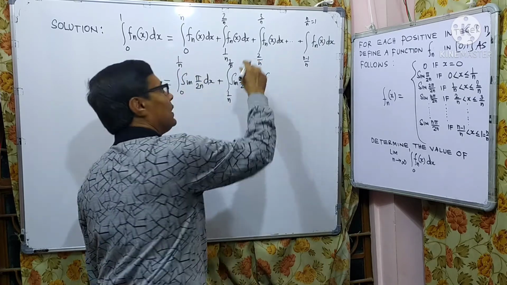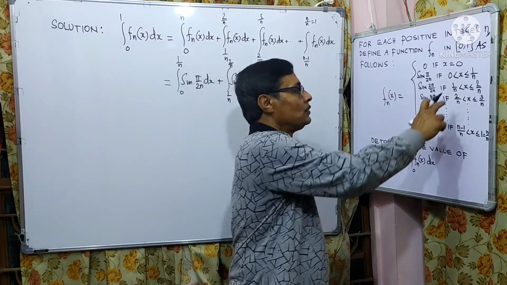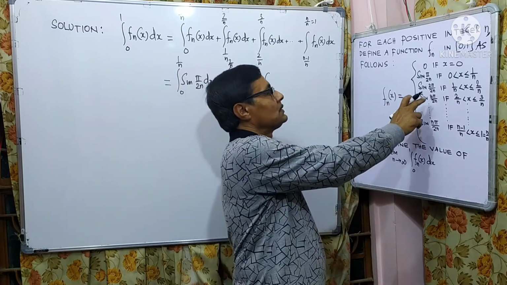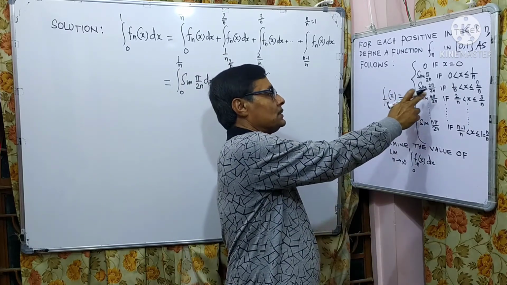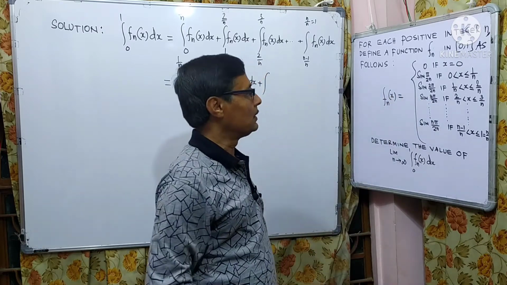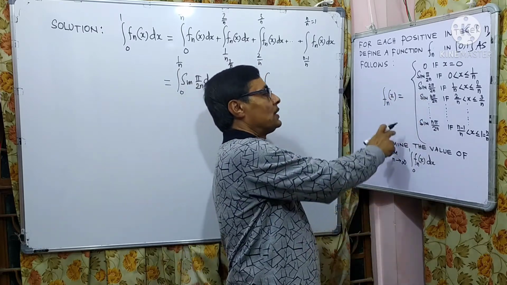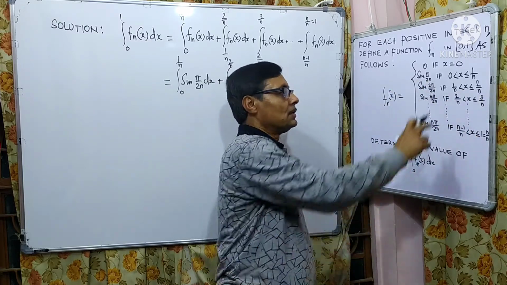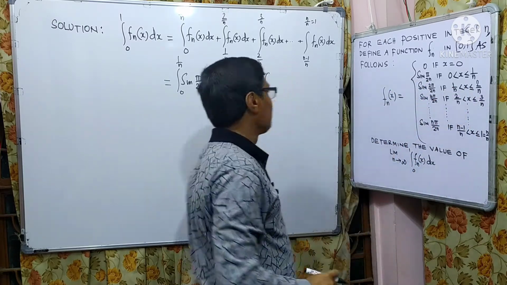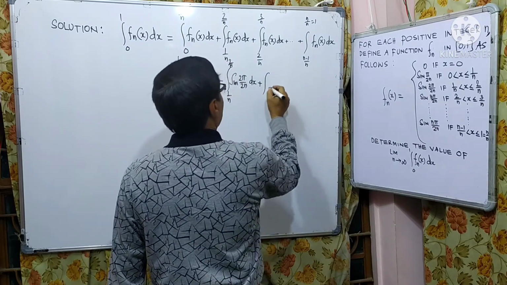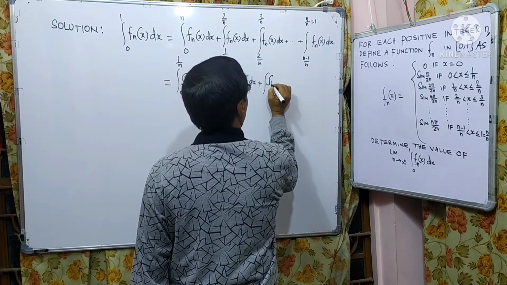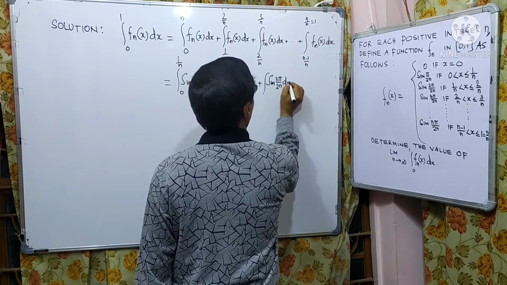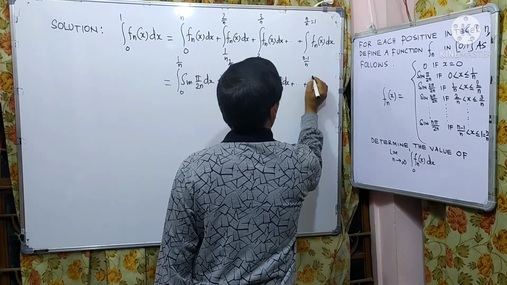And also in the semi-closed interval (2/n, 3/n], the function is defined as the constant function whose value is sin(3pi/2n). This is the constant value of this function in this semi-closed interval, so we can put this value, dx, and so on.